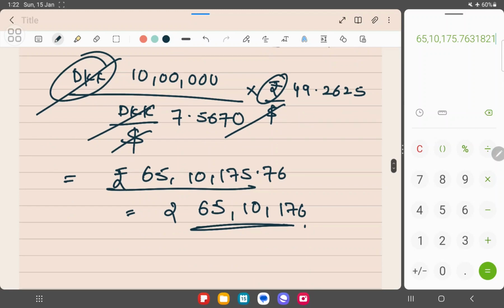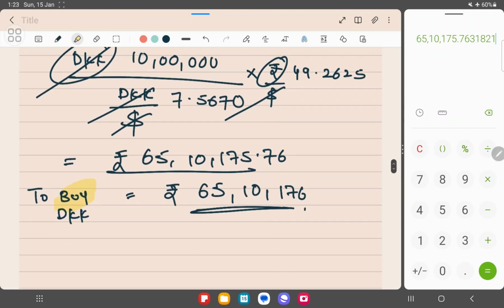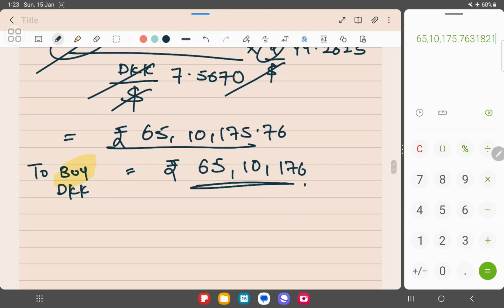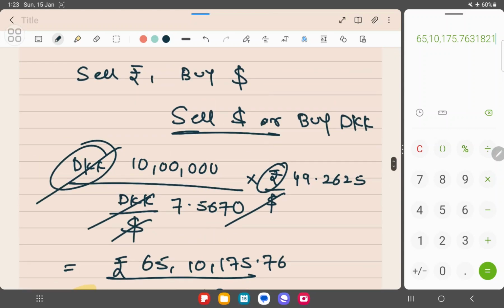So this is basically you are buying DKK. This is the rupee amount required to buy DKK. And initially, this is the hedge, the cover position. Initially, to sell DKK, how many rupees did we sell DKK for?